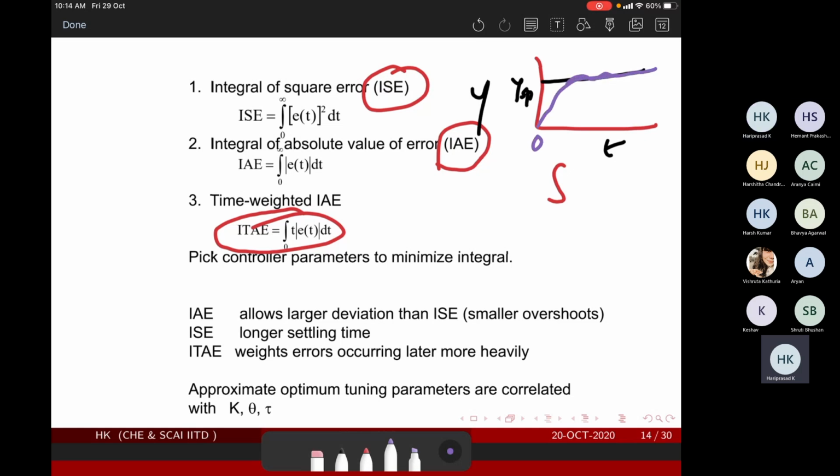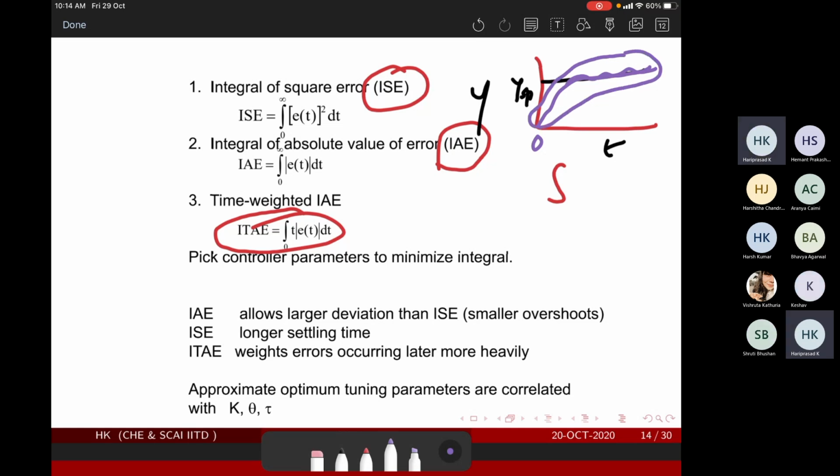So every error starting from here matters. The only way to account for this cumulative error is by means of integration. So that is the notion of integral.